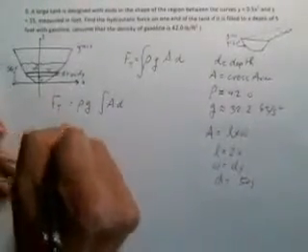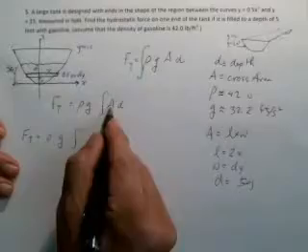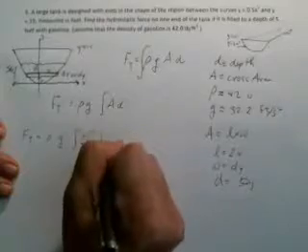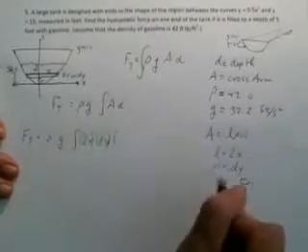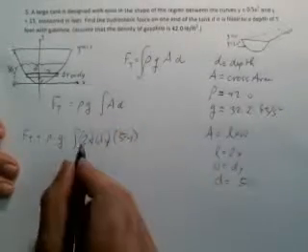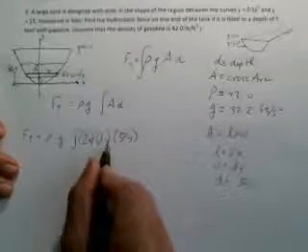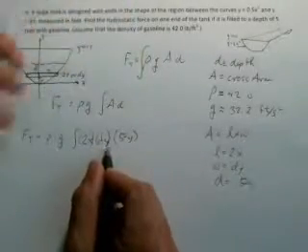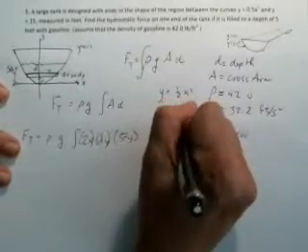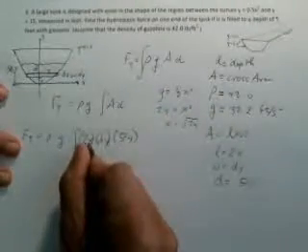The total force is equal to rho times gravity times the area, 2x times dy, times the depth, which is 5 minus y. Well, the x has to be in terms of y because we are using dy's. So using y equals 1/2 x squared, multiplied by 2, 2y is equal to x squared, x equals square root of 2y.